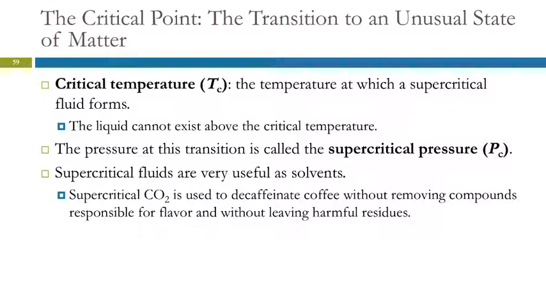Can you get water to exist as a liquid at, say, 150 degrees Celsius? You can if you put enough pressure on it. Because as you increase the pressure, you increase the boiling point. And so you can get it to be a liquid at a higher temperature. But there's a limit to that, and the limit is the critical temperature. Above the critical temperature, the liquid doesn't exist and you have a supercritical fluid.